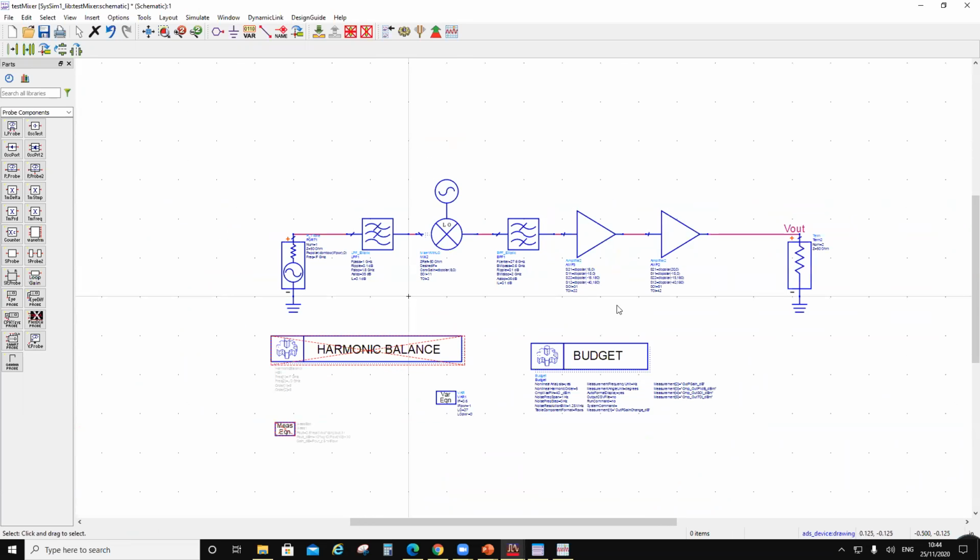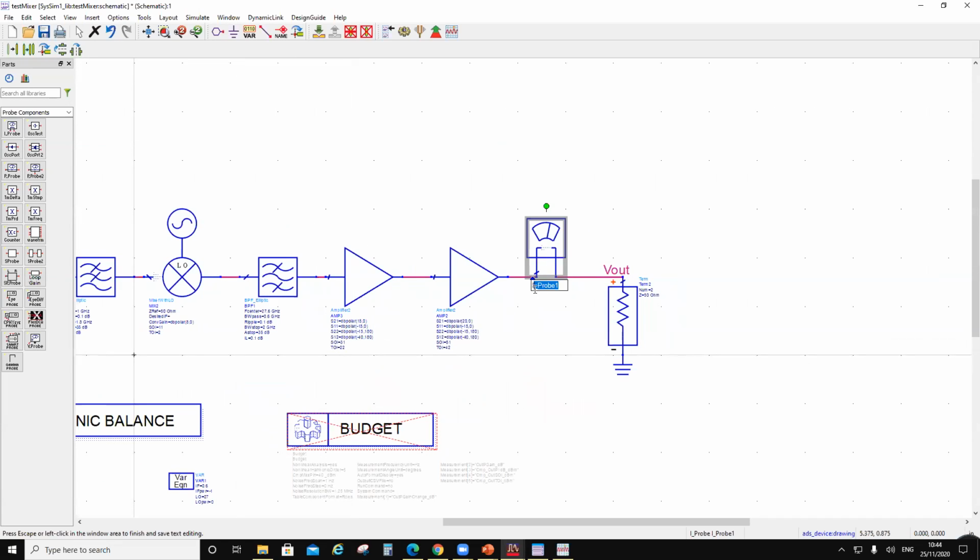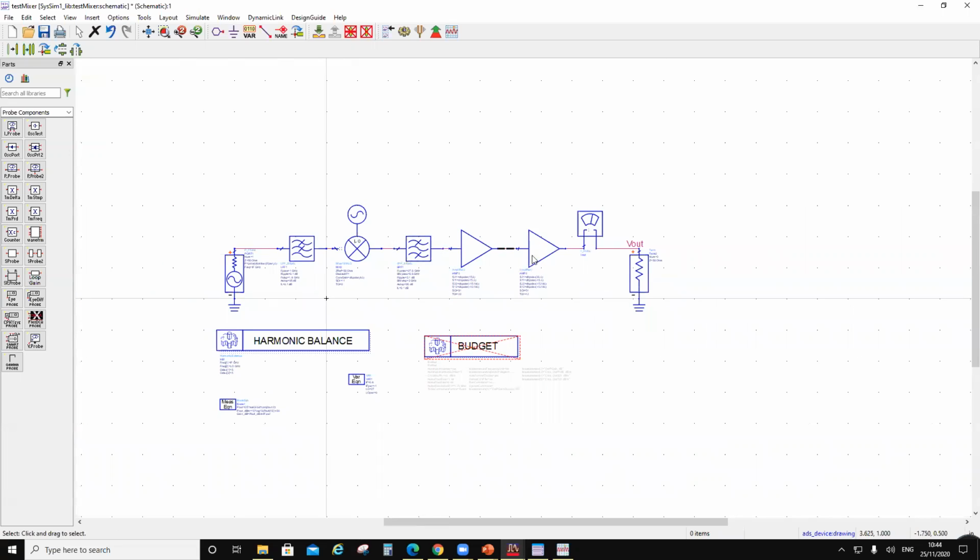Now this chain is for 30 dBm out. Okay, so now I cross this, I enable this again, and put here a probe, I out. Okay, so now I have constructed this, instead of 45, for 30 dBm out.